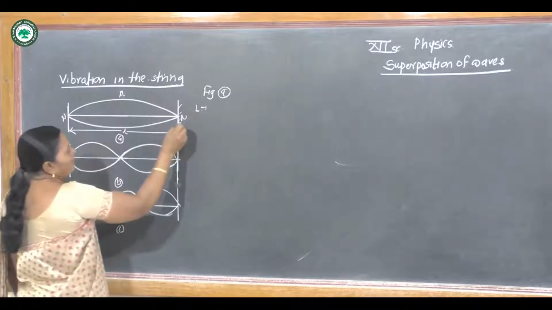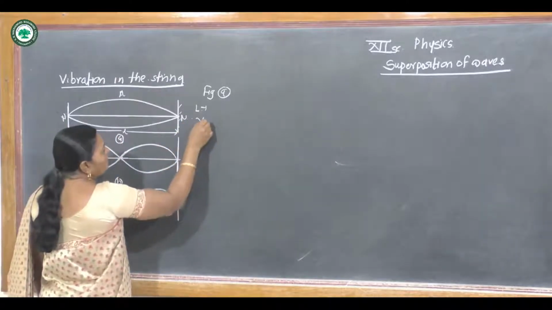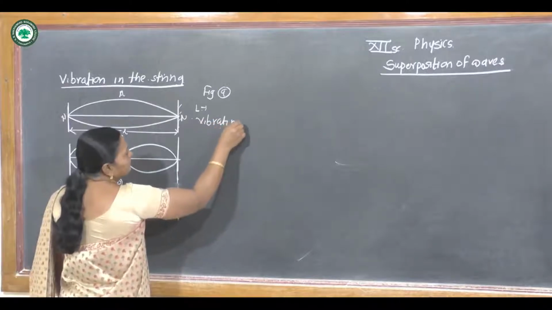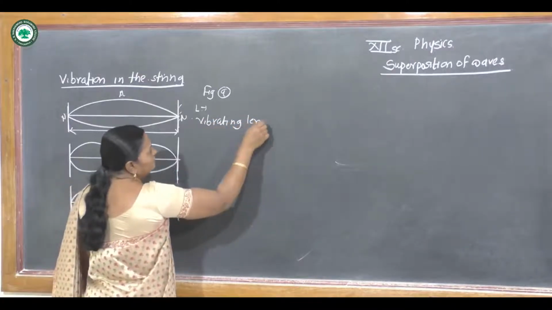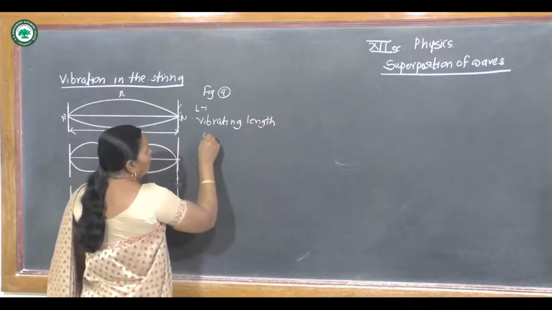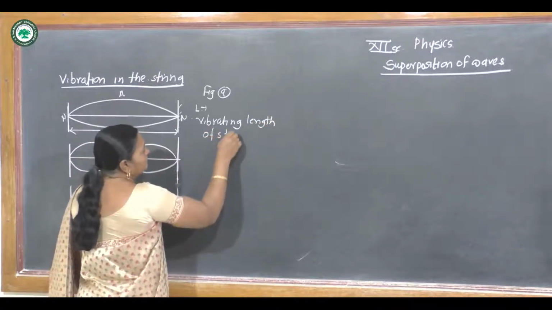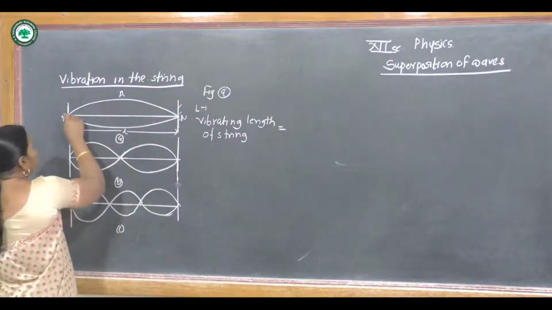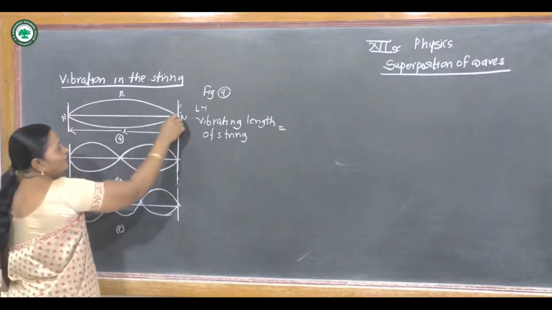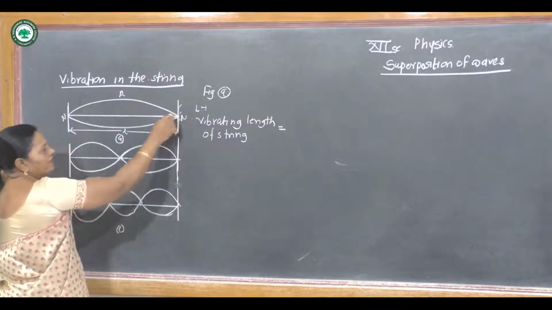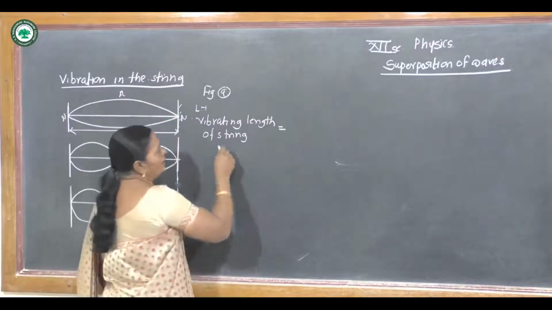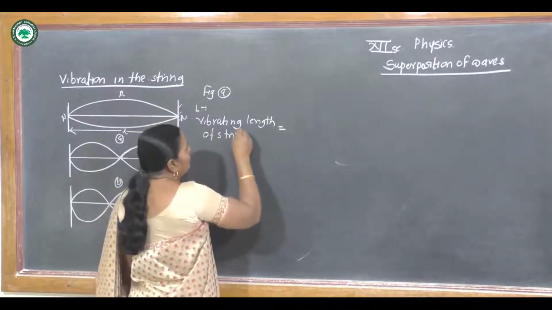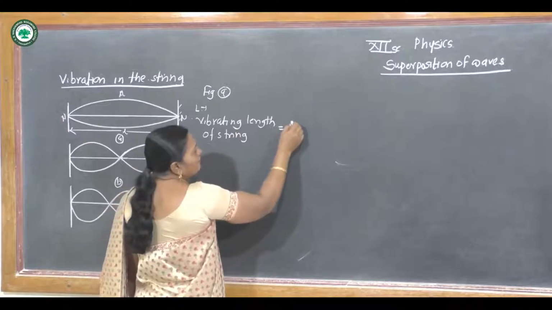Then we can say that the vibrating length of the string is equal to the distance between the nodes. Now here a node is formed at this end and again a node is formed at this end.